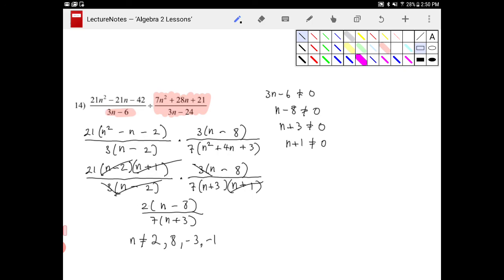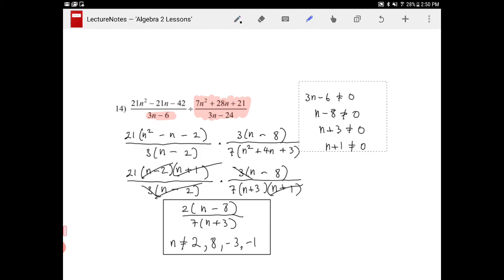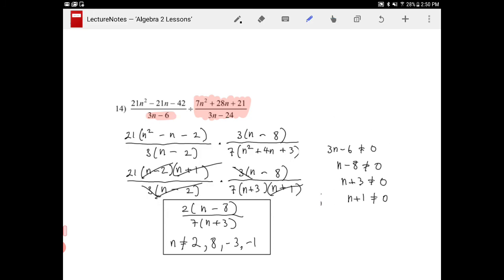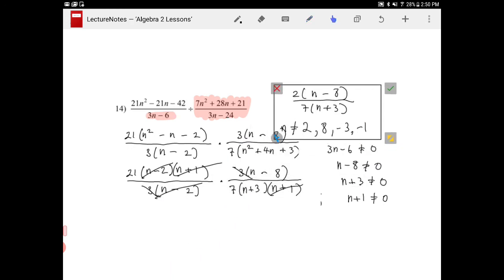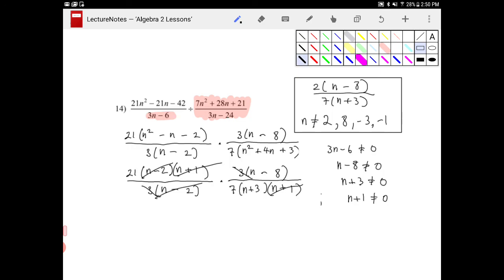So that's the final answer there. Because again, this whole thing, let me just move this. Remember, keep in mind that that's what this is equivalent to. Okay? All right.